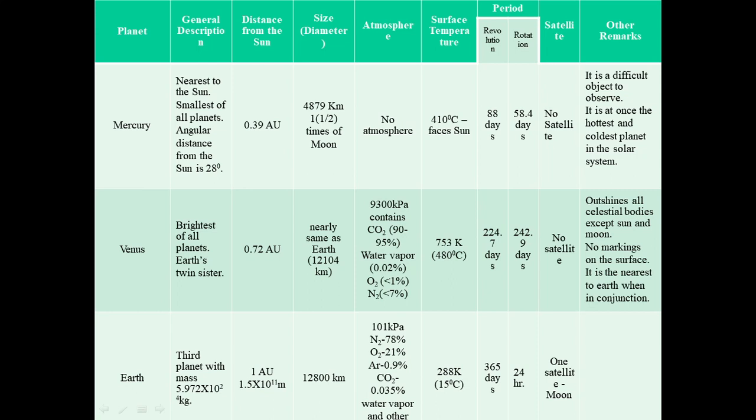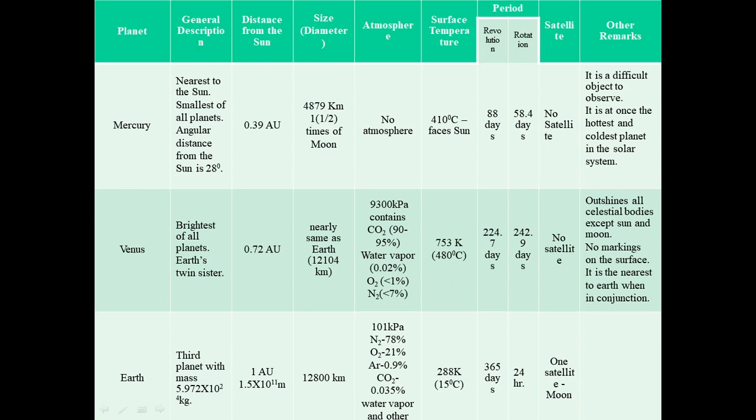In kilometers, its diameter is 4879, so just less than 5000 kilometers. Its maximum elongation, that is the angular distance from the sun, is 28 degrees. It is a difficult object to observe.